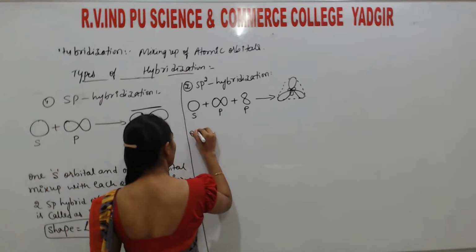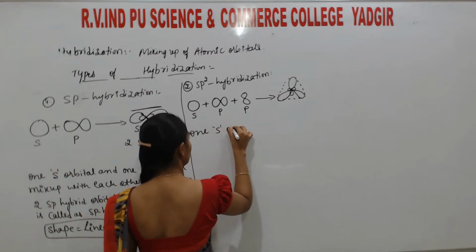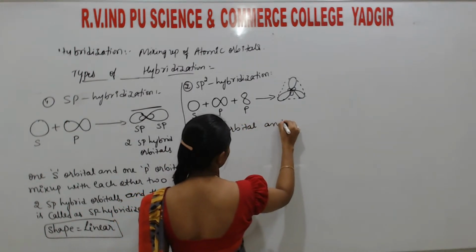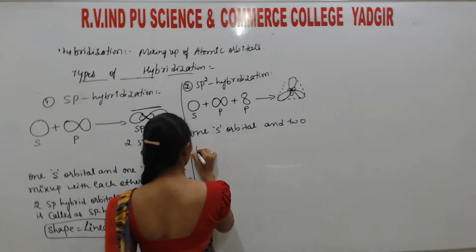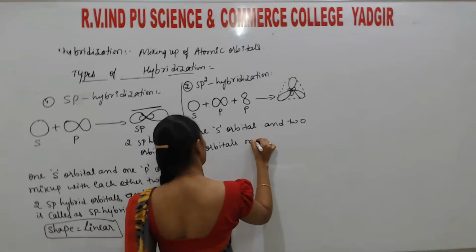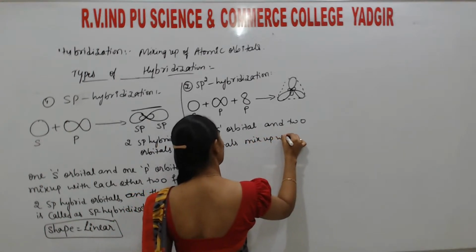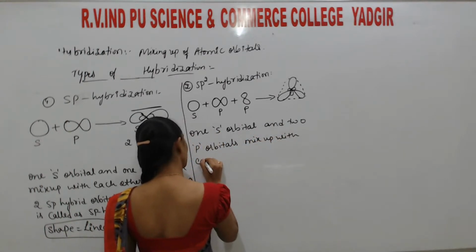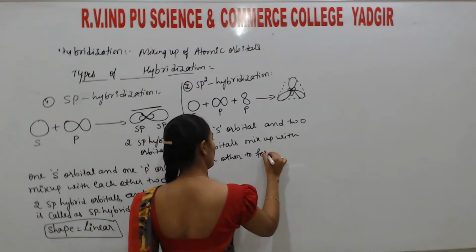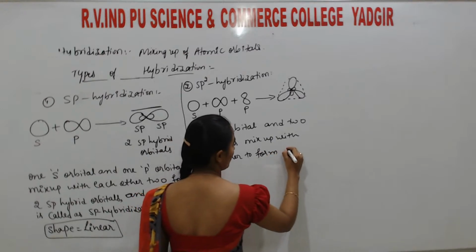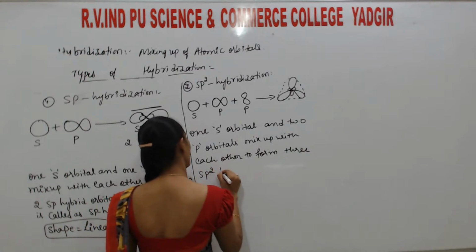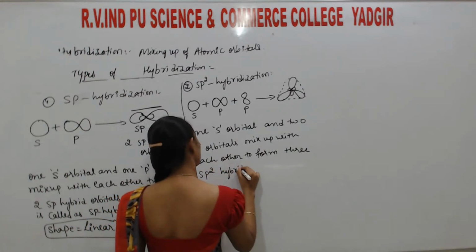So how to write? Same, one s orbital and two p orbitals mix up with each other to form three sp2 hybrid orbitals.